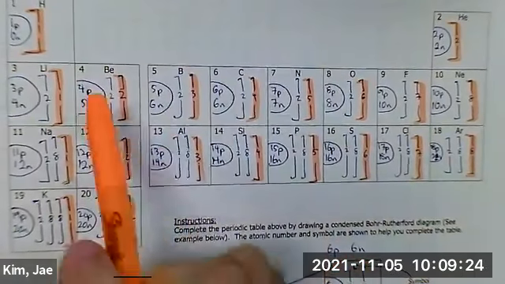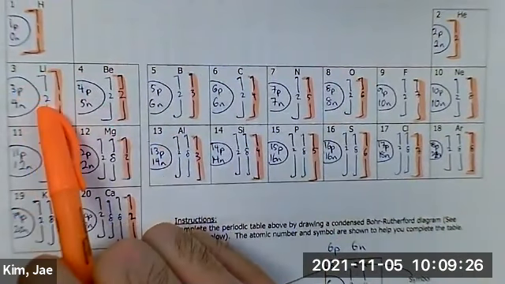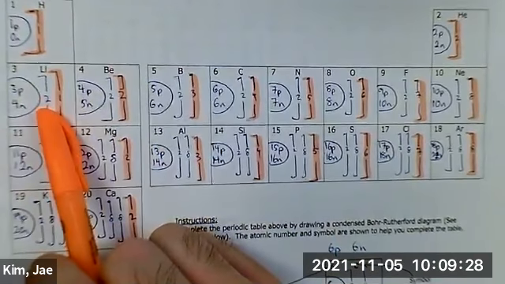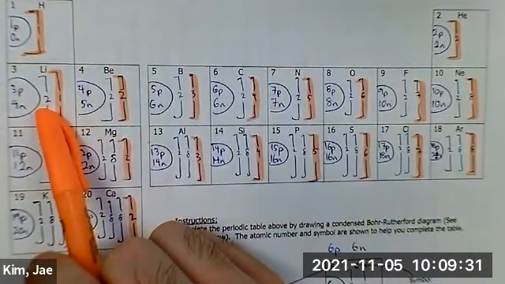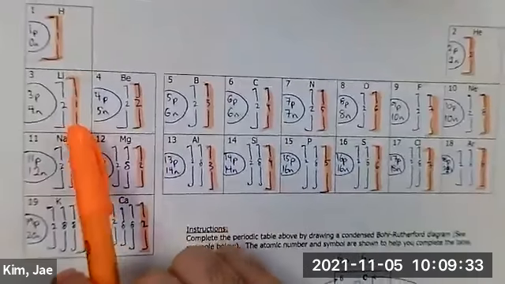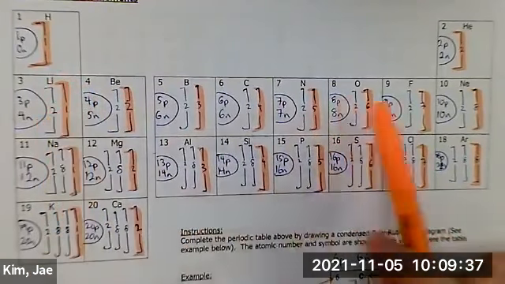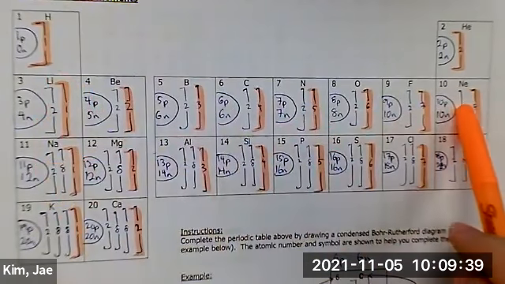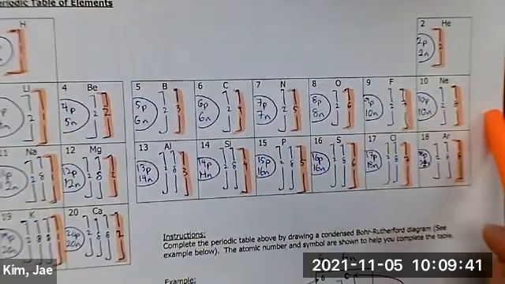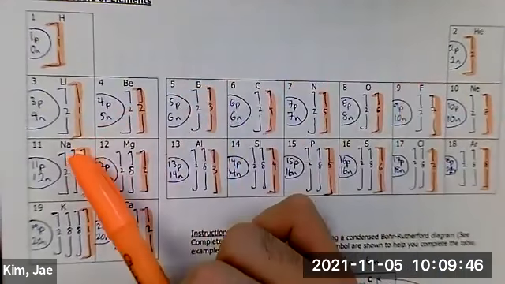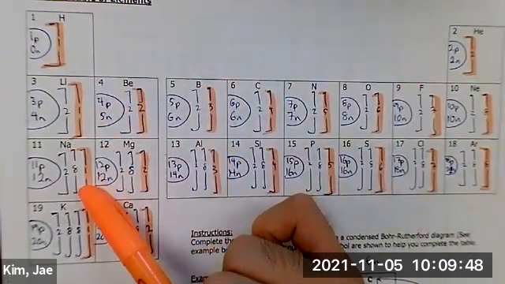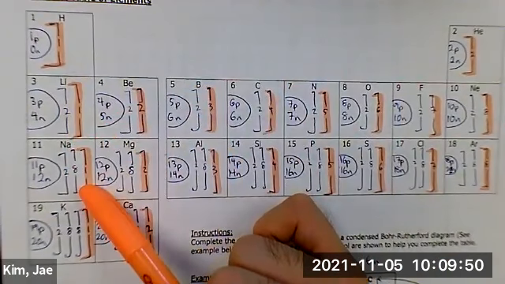The reason why, going back to your activity with organizing the element tiles, is that sodium, which comes after neon, had the same properties as column 1 because there was 1 electron that entered the next shell. The outermost shell was 1.